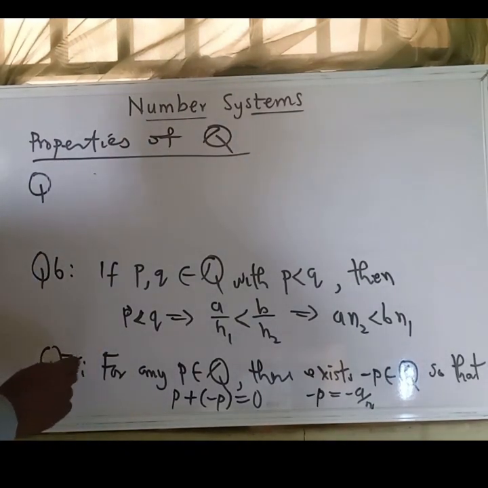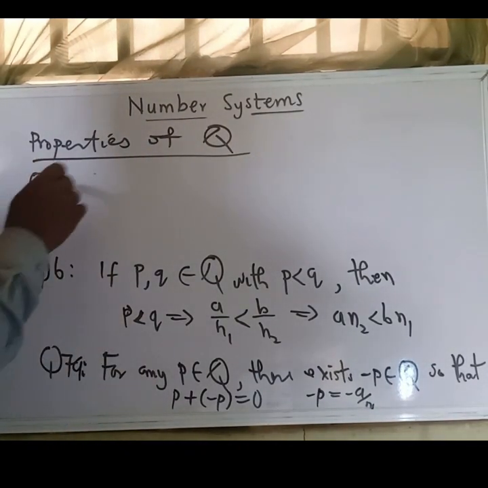Okay, Q7A for the additive inverse, then Q7B for the multiplicative.